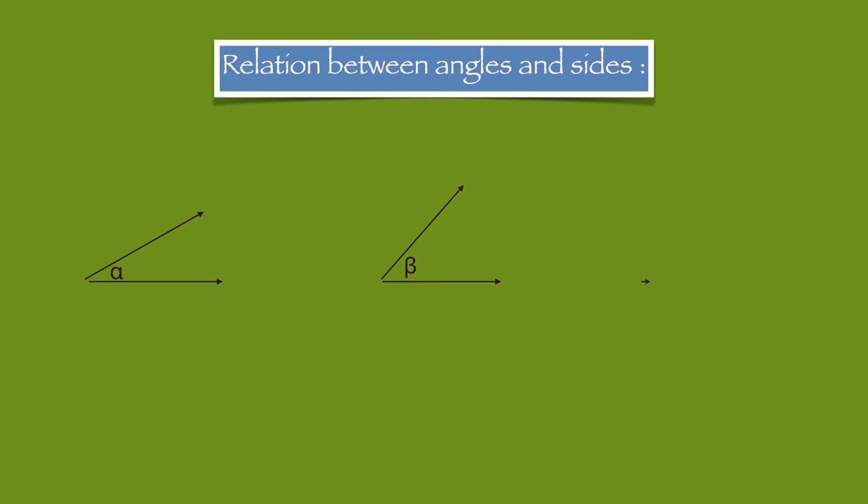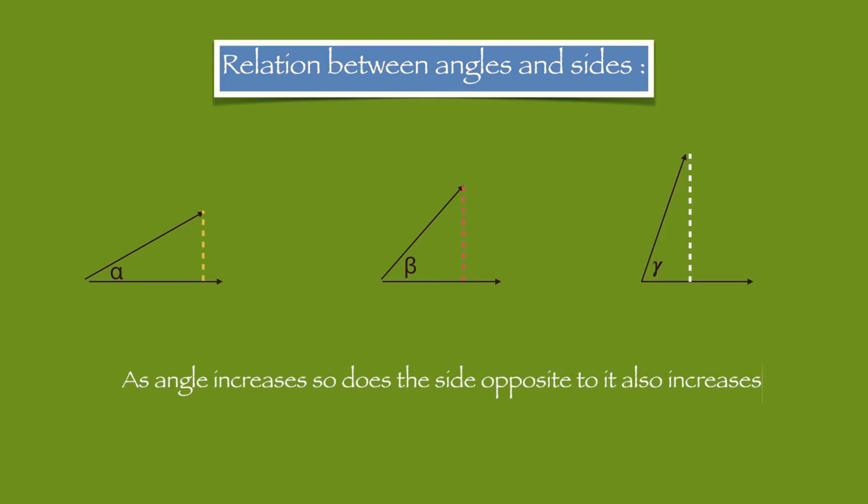Let's have a third pair of lines which contains the angle gamma between them. Now if we draw perpendiculars, we will observe that as the angle changes, so do the sides. So can we say that the sides are proportional to the angles of a triangle?